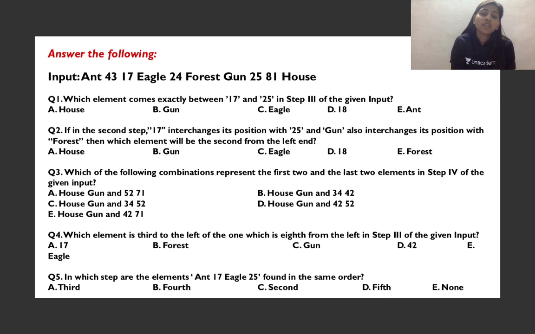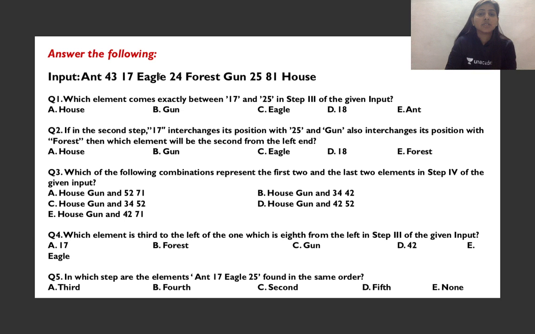Before you start writing the steps, it's better to figure out the final output. The final output is going to be house first, then gun, forest. That's done with the consonant words. Then the vowels, ant and eagle in forward alphabetic order. So house, gun, forest, ant, eagle.